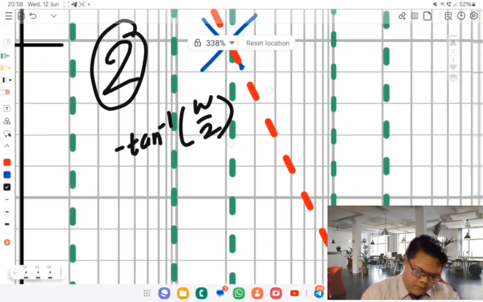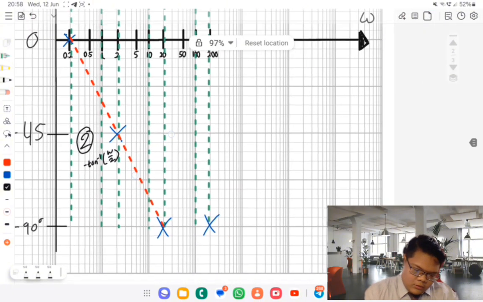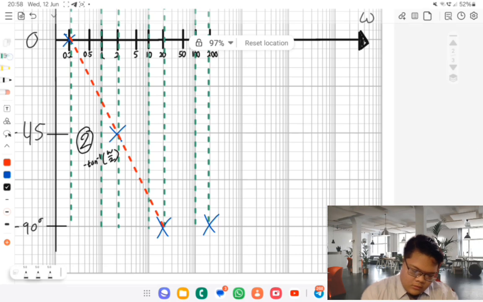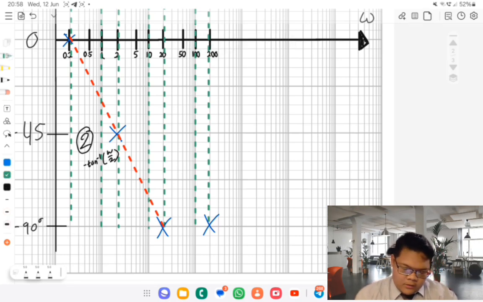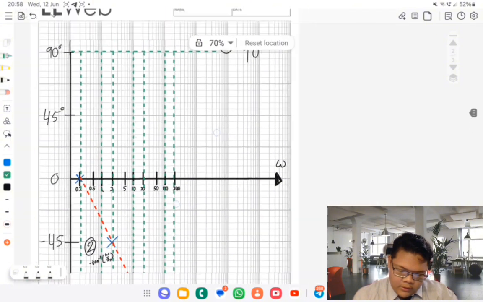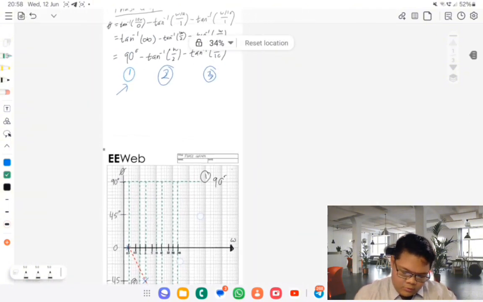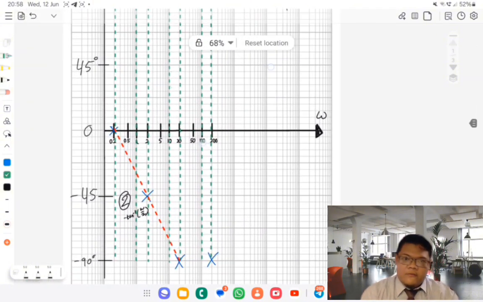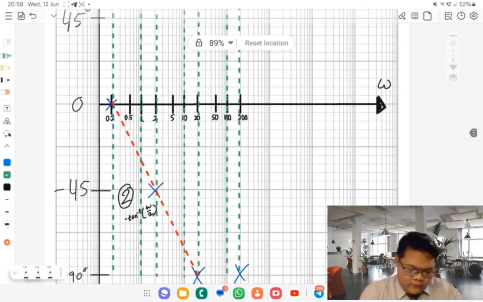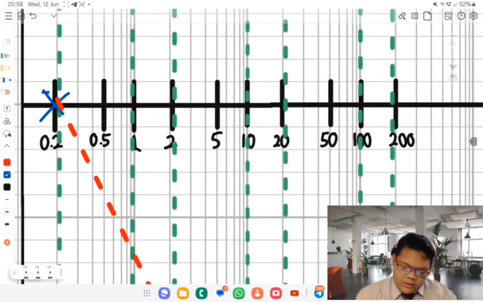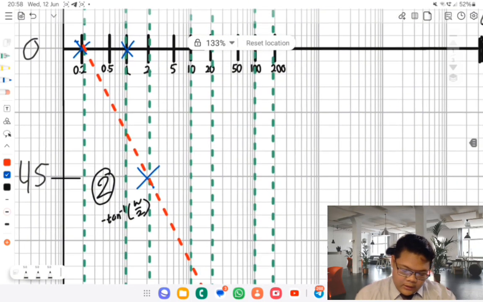Okay, next part, we go to the equation, which is arctangent omega over 10. So omega over 10, we will start with the value of 1. So at the value of 1, we will start the same as earlier, which is start with 0, and the next point at the value of 10.